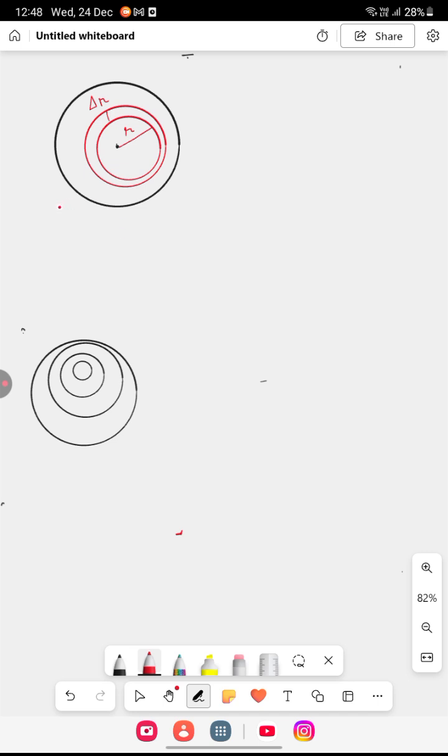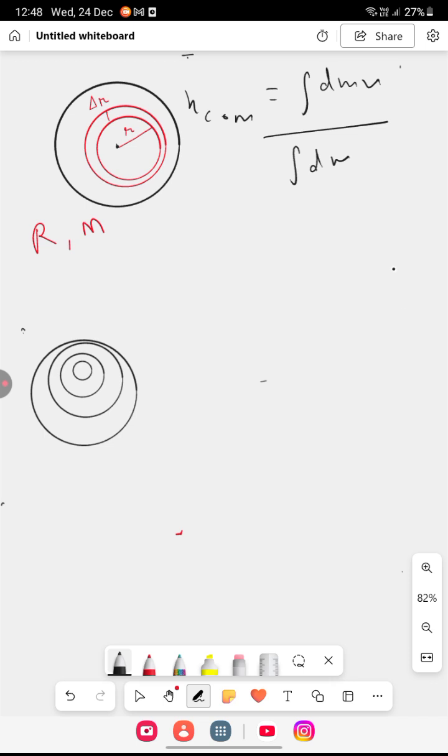The radius of this disk is capital R and the mass of this disk is capital M. What is the formula for center of mass? It is x center of mass equals integral of dm x upon integral of dm.